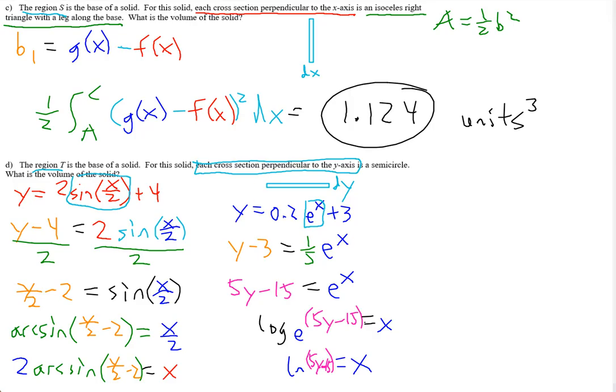So our base would equal natural log of 5y minus 15, minus the one on the left, which is our f of x inverse, so that'd be 2 arc sine of y over 2 minus 2.